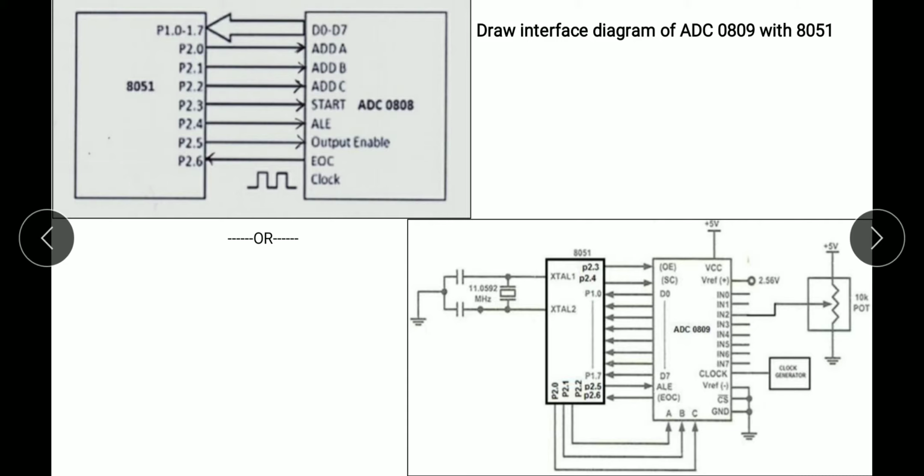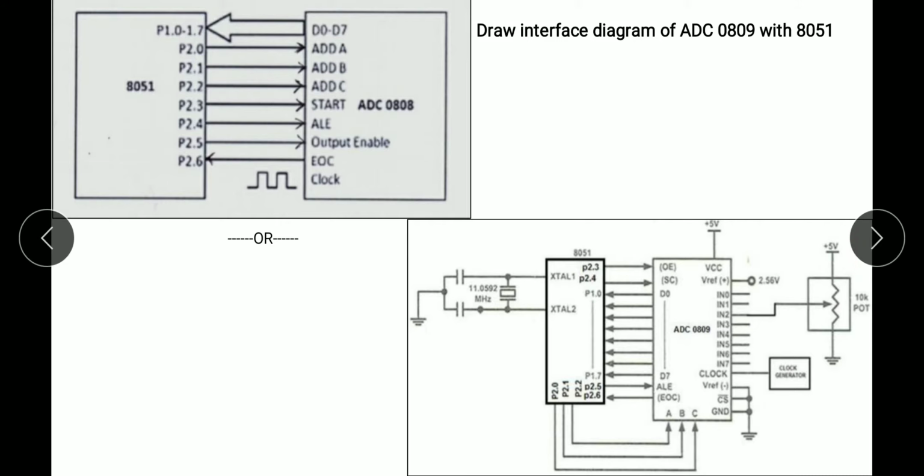After that, port 2 is used for other functions, that is ADD A, then ADD B, then ADD C, after that start, then ALE. For some commands, start, after that output enable, then EOC, and giving the clock for the ADC, we use port 2 also. After that, here we use the potentiometer.